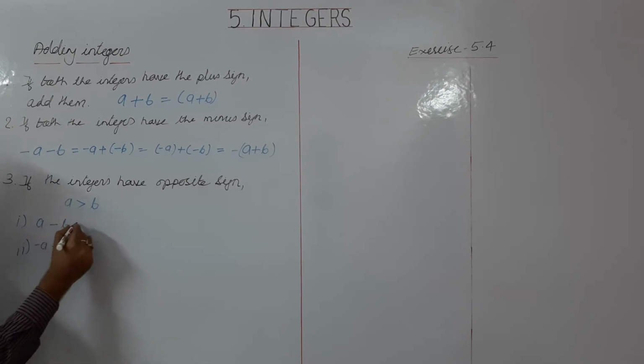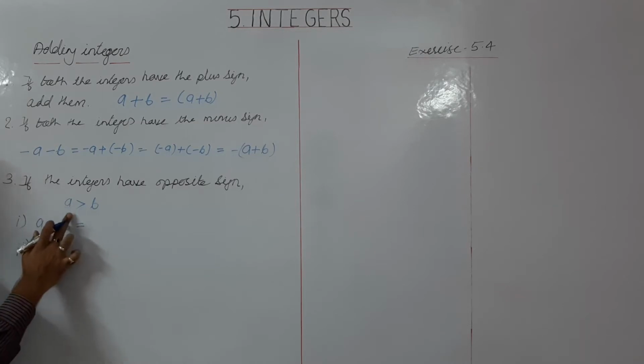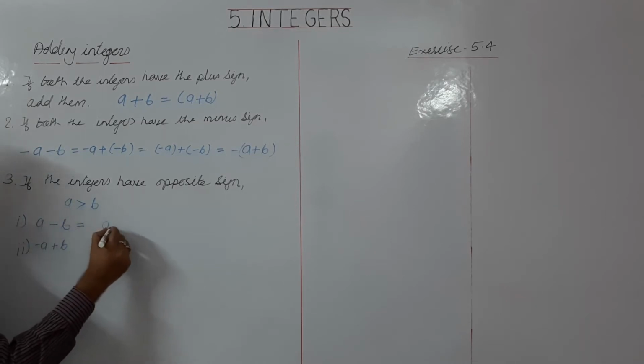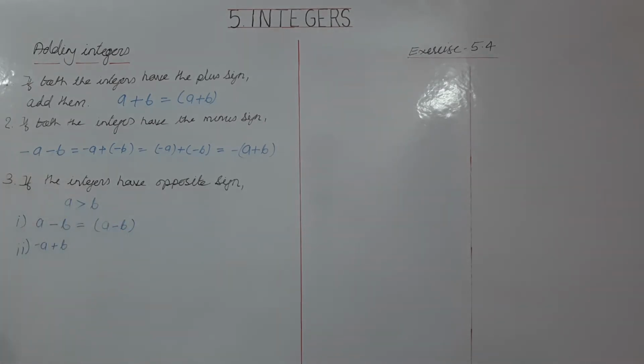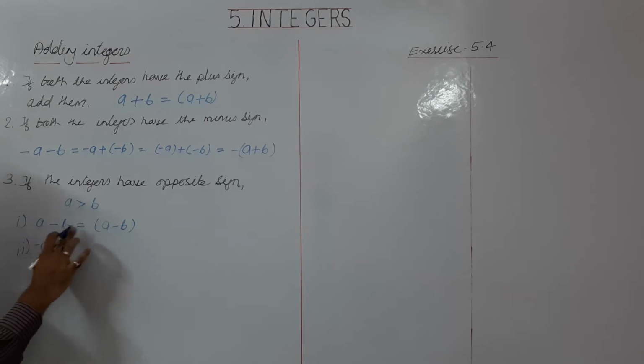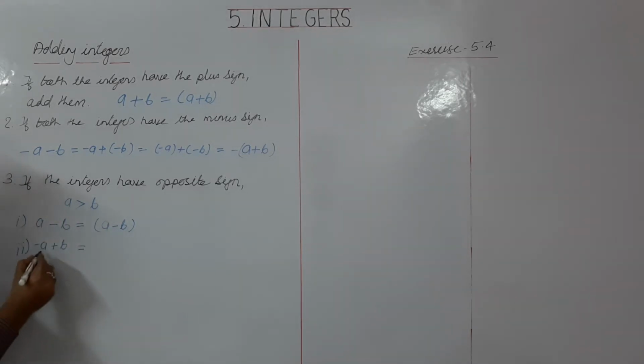So in the first case, if the first number is positive and the positive number is greater than the second number, the negative number, then what to do? A minus b will be equal to a minus b only. So in the first case, just perform subtraction. But in the second case, numerically a is greater than b, but a is negative and b is positive.